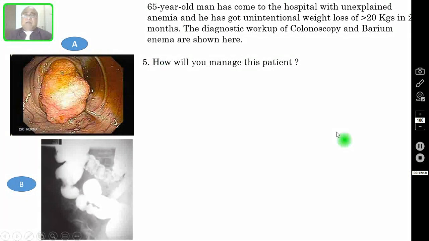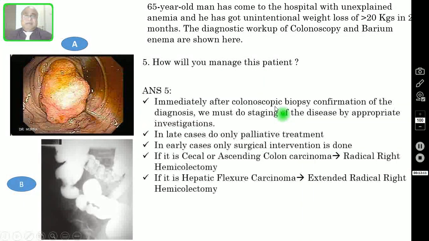Question number 5, how will you manage this patient? So the correct answer is immediately after colonoscopic biopsy confirmation of the diagnosis, we must do staging of the disease by appropriate investigations. In late cases, we have to do only palliative treatment.